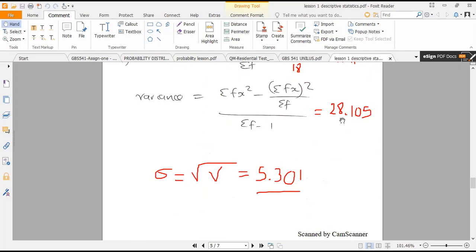So in this case, the square root of 28 is 5.3. To find the coefficient of variation, who remembers the coefficient of variation?